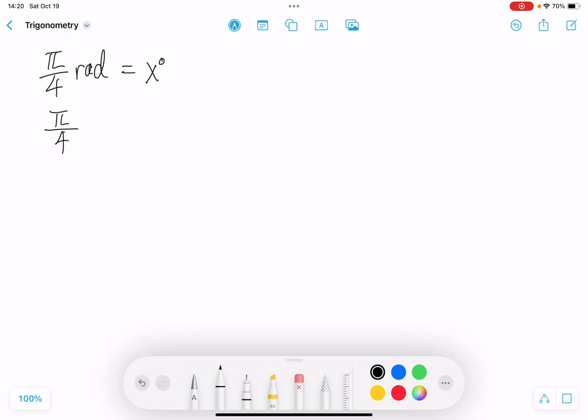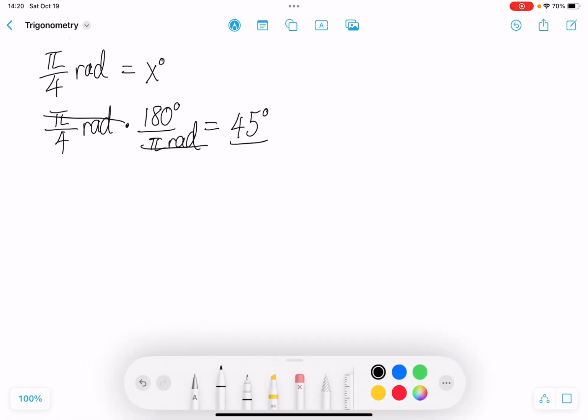So pi over 4 radians times 180 degrees over pi radians. The pi radians cancel out, and we're left with 180 degrees over 4, which is just 45 degrees. So that's just the answer.